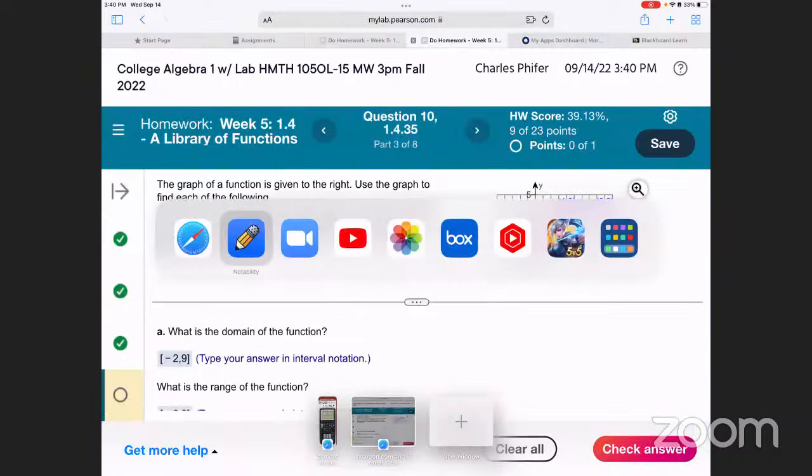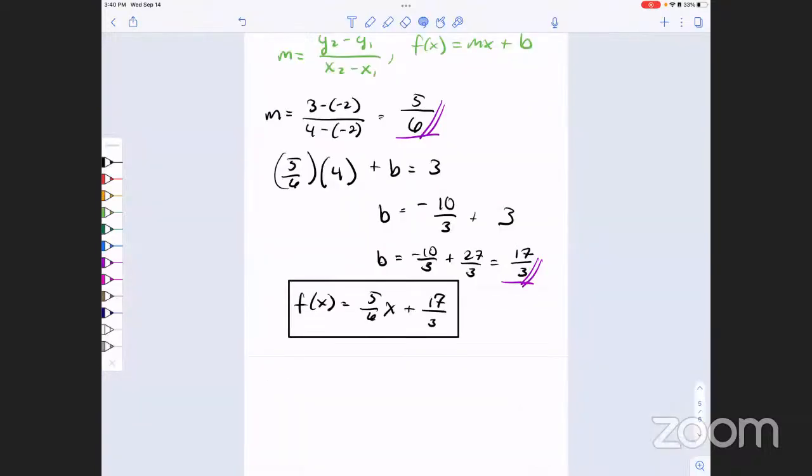I feel like I'm doing something wrong. Because if you subtract that and then divide, 6 over 5, so then that becomes 2 over 5, 34 over 5.